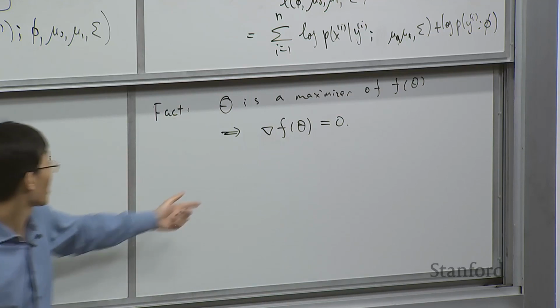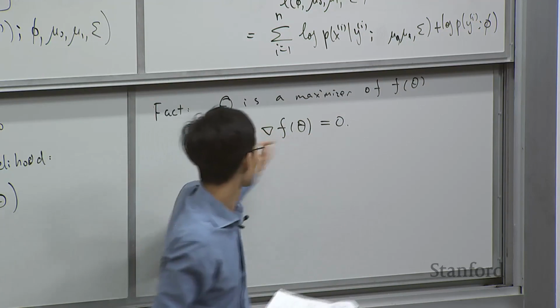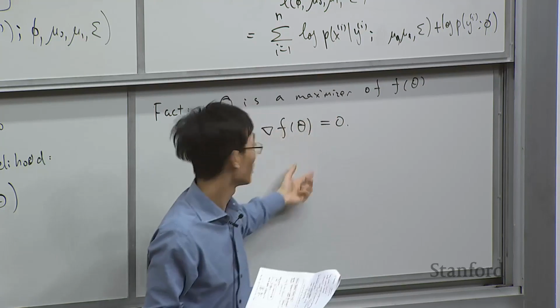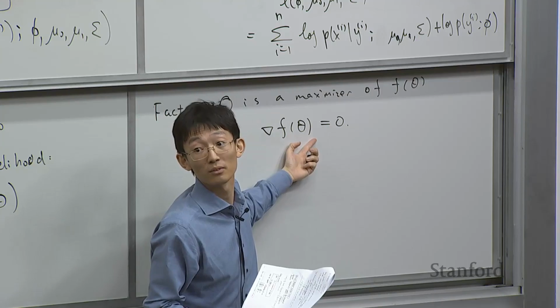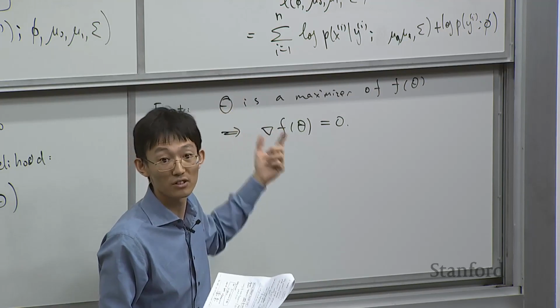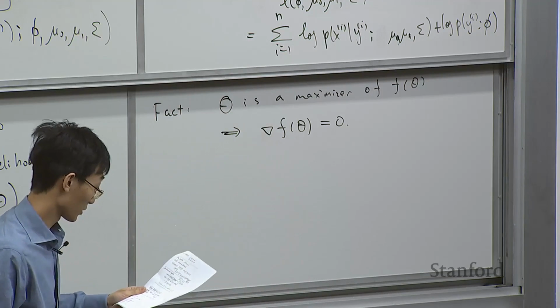If you are at the maximizer, you have to satisfy gradient 0. In many cases, if f is convex, then this is if and only if. If f is not convex, this is still a necessary condition. For us, it's actually convex, so it's a necessary and sufficient condition. But for other cases, it might be only a necessary condition.